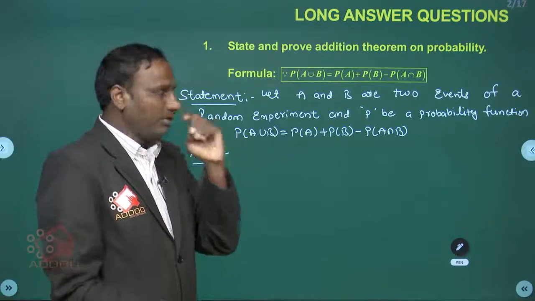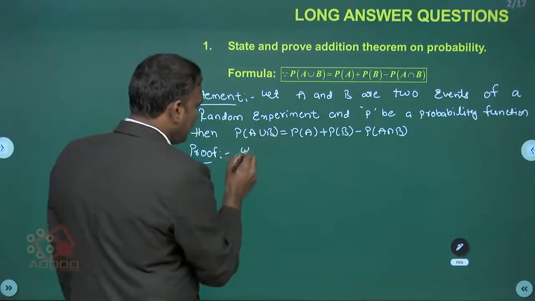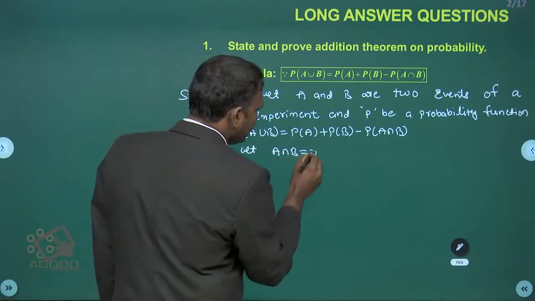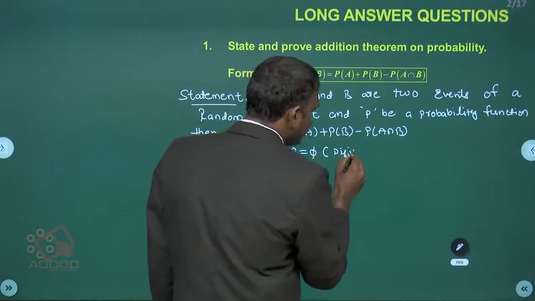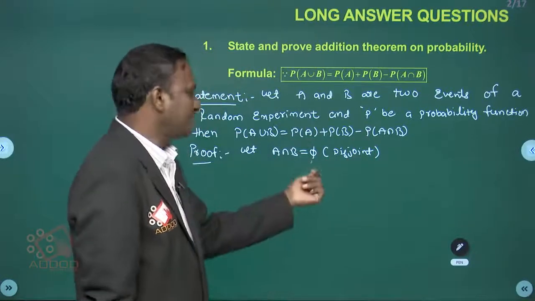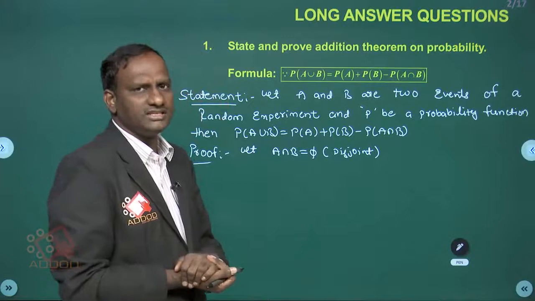Here we are taking A and B as two events, and let A intersection B be equal to empty. Disjoint means nothing is in common.